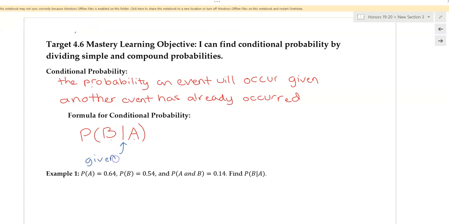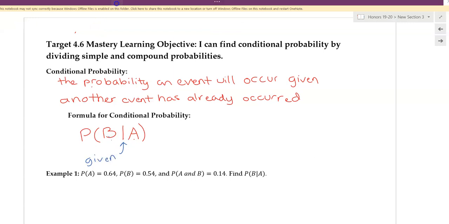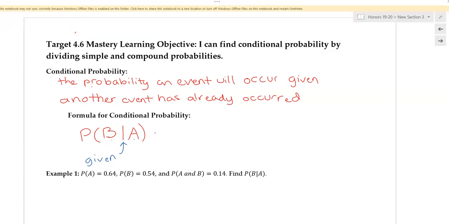So the probability of B given A equals the probability of A and B divided by the probability of A. It's very important to know which one is B and which one is A.